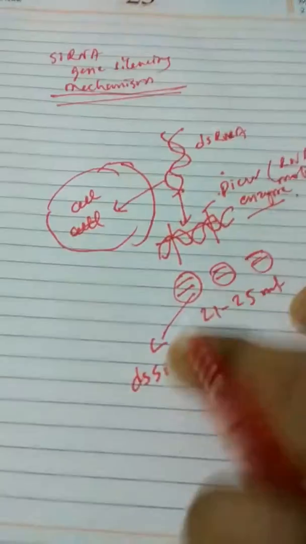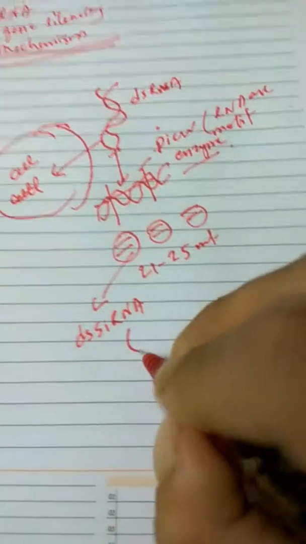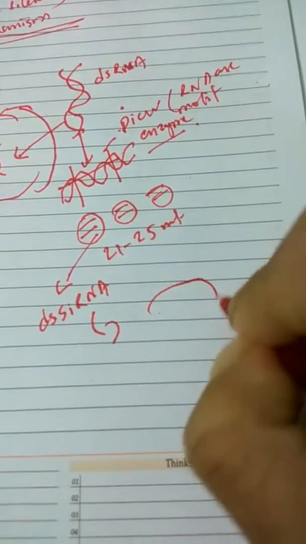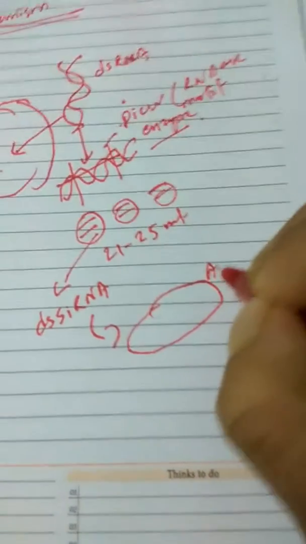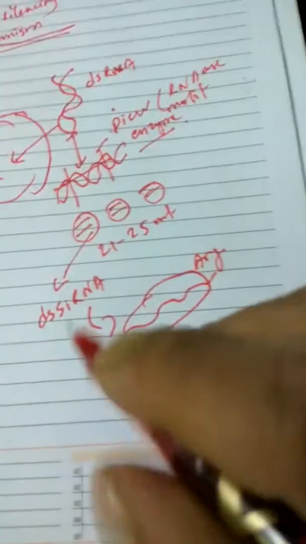Now how does this double-stranded siRNA work? It incorporates with a protein called Argonaute protein, AGO.